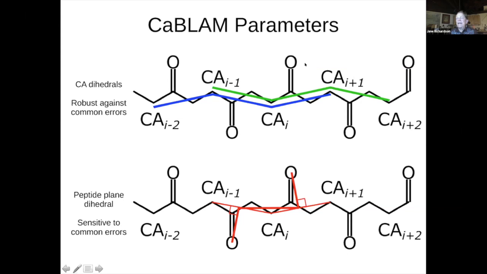So it's a little bit like a stretched out Ramachandran parameter. And as a lot of people have seen and used, the C alphas are certainly not perfect at low resolution, but they're the best you've got. They are the most reliable single parameters or single atomic locations of normal peptides.